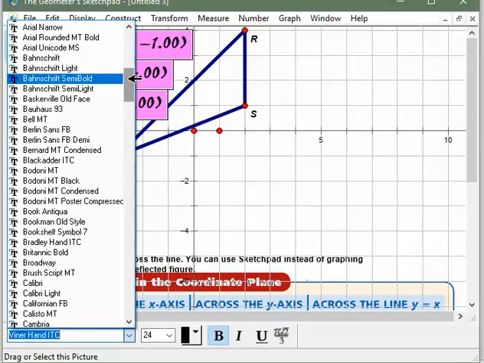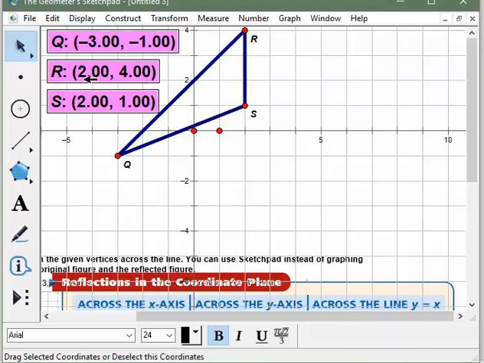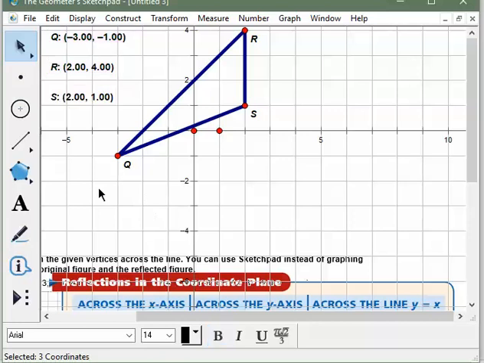Arial would be good. And make them smaller. And now I can realize that for my Q prime, I leave the x value the same and I change the y value.